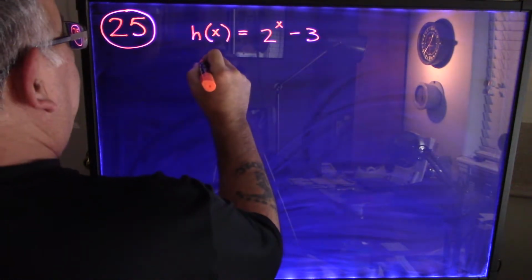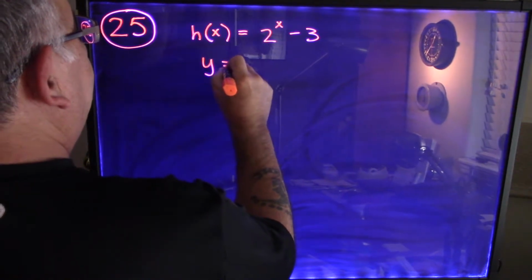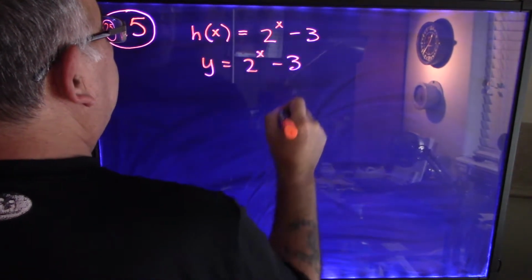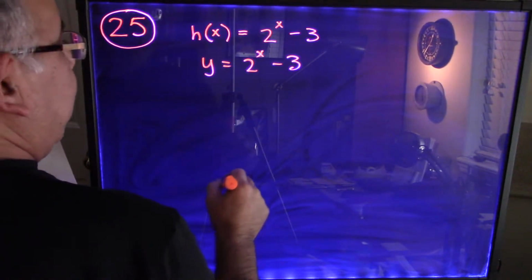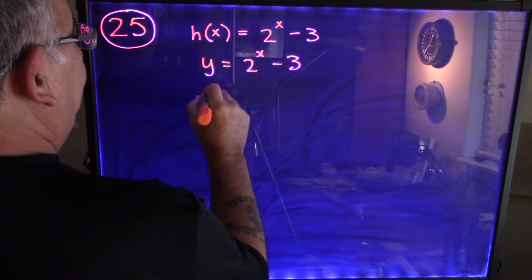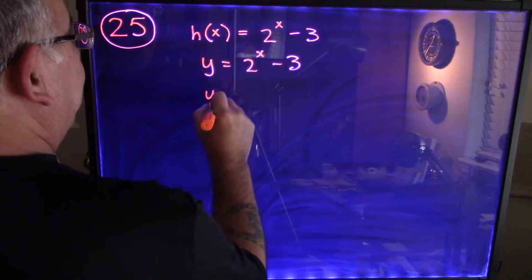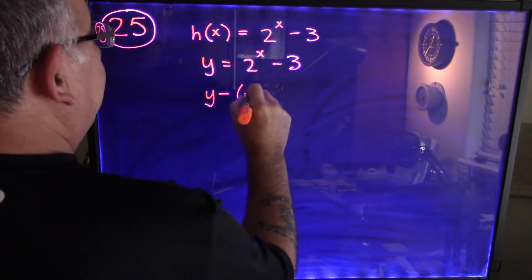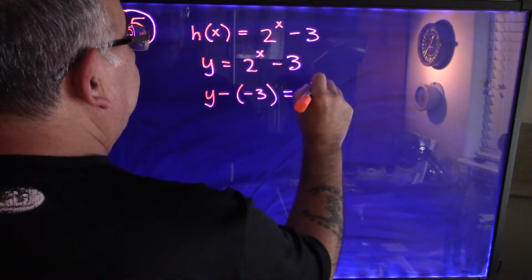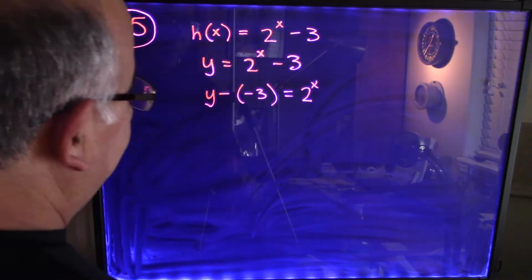So let's let y equal 2 to the x minus 3. And we can move the negative 3 to this side, so we have y plus 3, or y minus negative 3, equals 2 to the x. Alright?